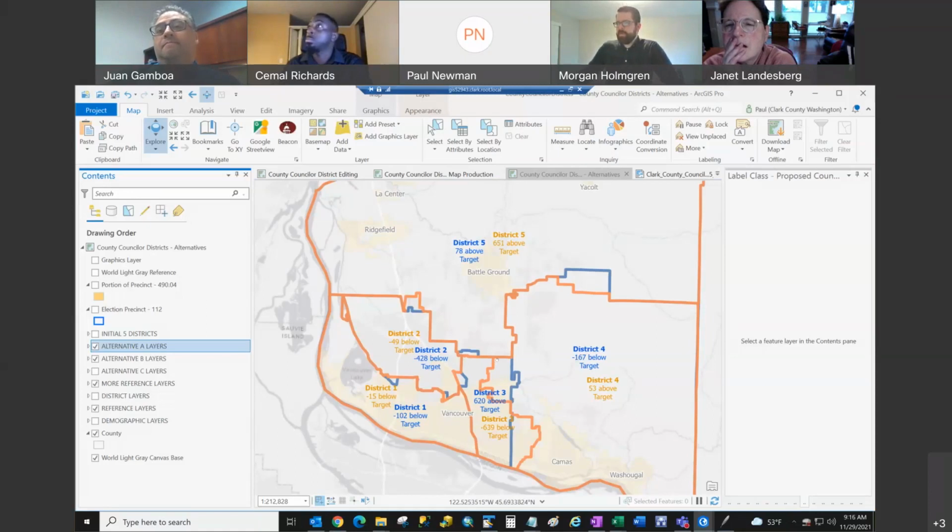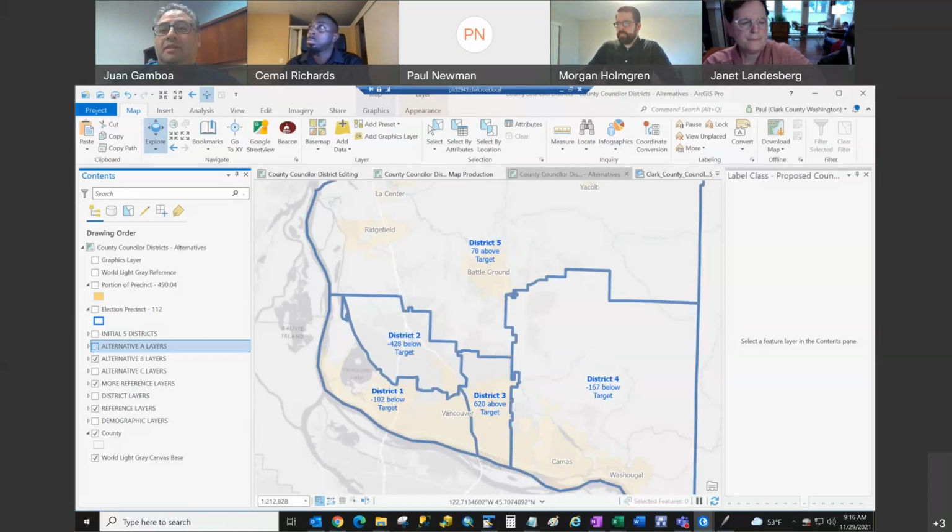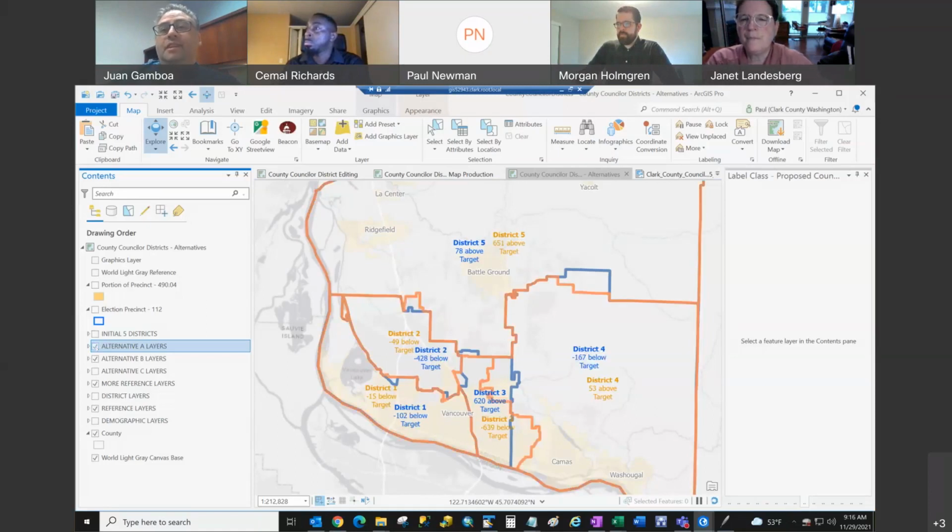Right? And then it'd be more compact. Okay, so really, this is kind of an S curve here on alternative A, looking to straighten that out a little bit. Is that what I'm hearing? Yeah. Okay.